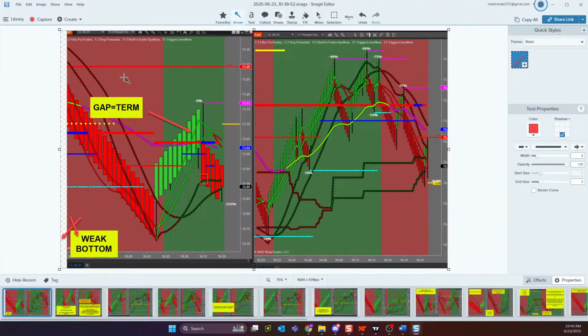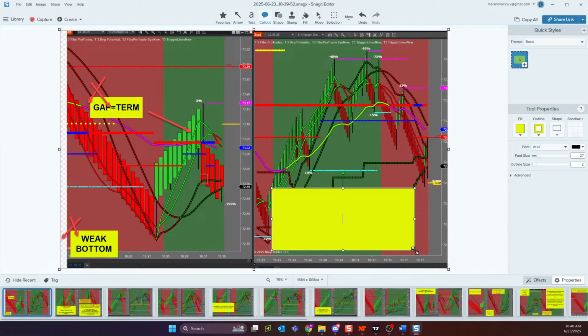So I've literally got two strikes against me. And this is where your brain has to say, with two strikes on the large chart, why am I even looking at this chart? Does that make sense? So we're always starting here.